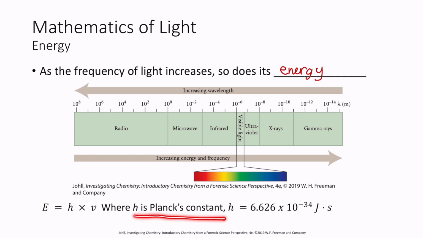H is a Planck's constant, equal to 6.626 times 10 to the negative 34 joules times seconds. Joules is a unit of energy. So whenever we're calculating energy, most of the time in chemistry, it is going to be in units of joules.